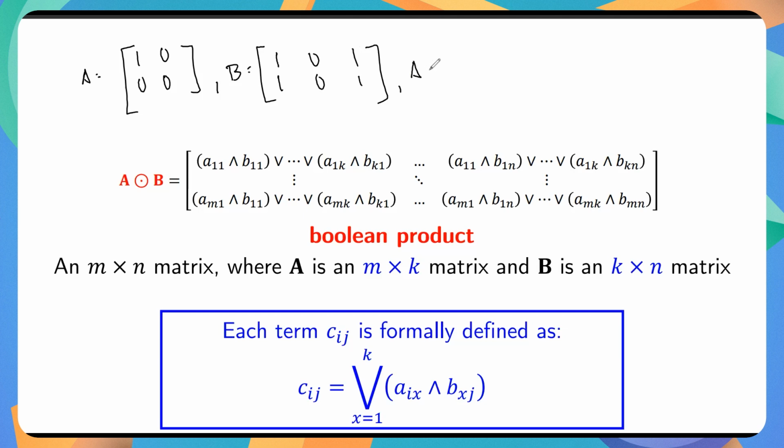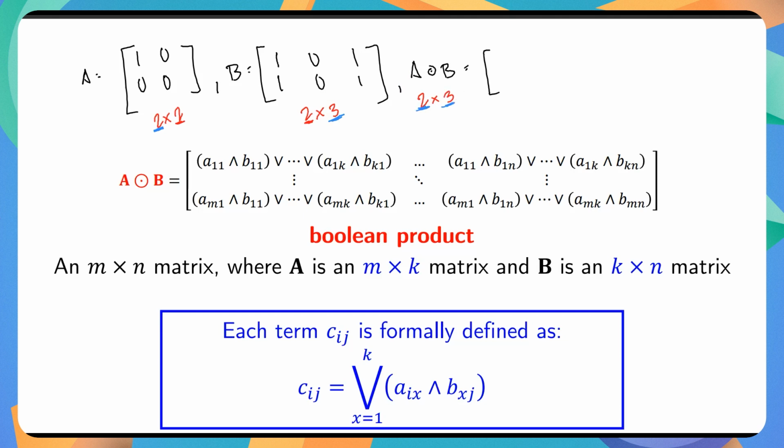So the Boolean product is going to be a 2 by 3 matrix because this one is 2 by 2, and this one is 2 by 3. The resulting matrix becomes 2 by 3, which comes from the 2 from here and the 3 from here.